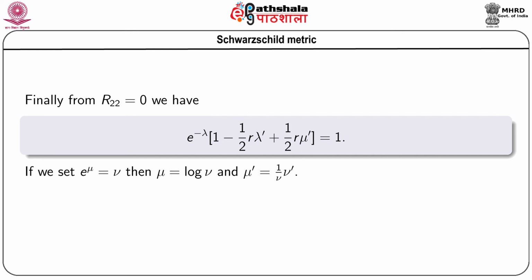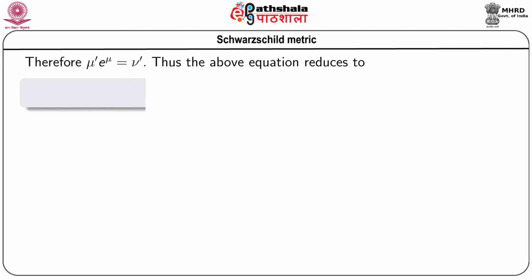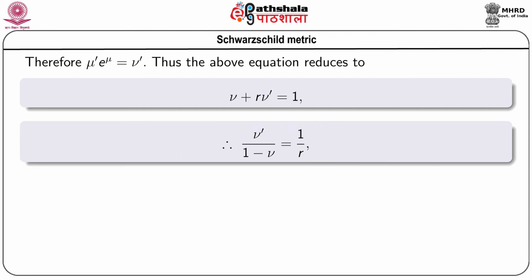Now, if we set e^μ equals to ν, then μ equals to log ν and μ' equals to ν'/ν. Therefore, μ'e^μ equals to ν', and the above equation reduces to ν + rν' equals to 1. That means, ν'/(1 − ν) equals to 1/r.